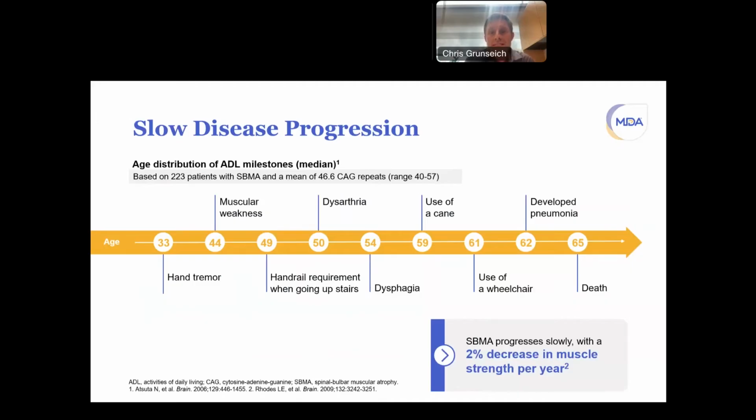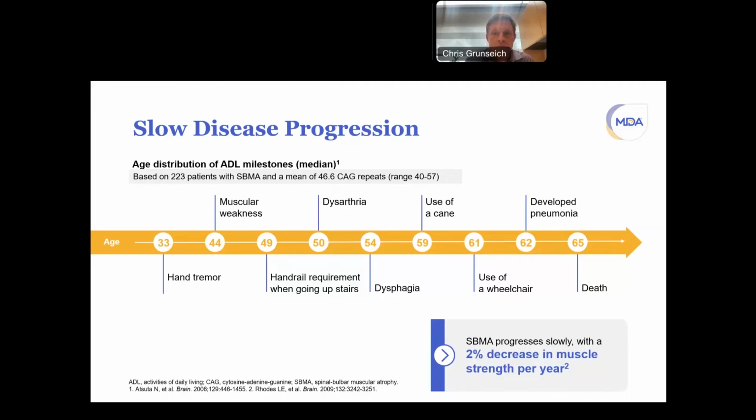We know that the disease progresses slowly, and there are a stepwise series of changes in symptoms that have been observed across many different natural history studies of the disease. At early ages, in the 30s, typically patients can present with tremor and weakness. If it does manifest in the 40s, it can go on to produce other symptoms in patients who then have decline in their motor and strength function.